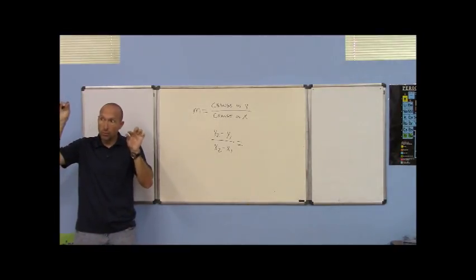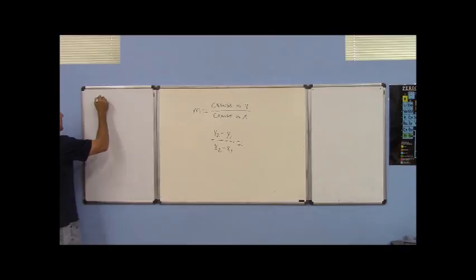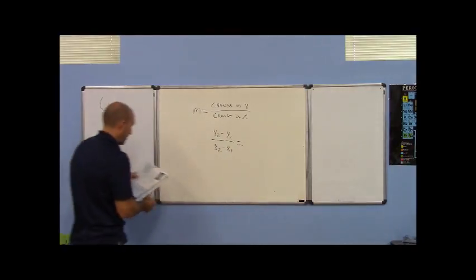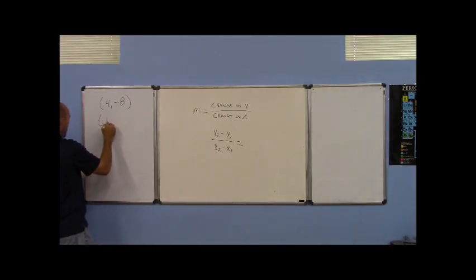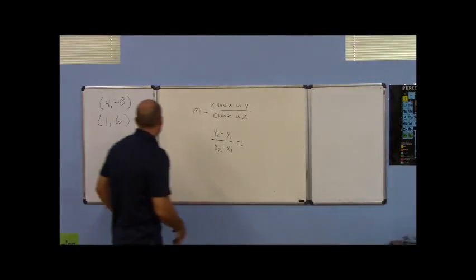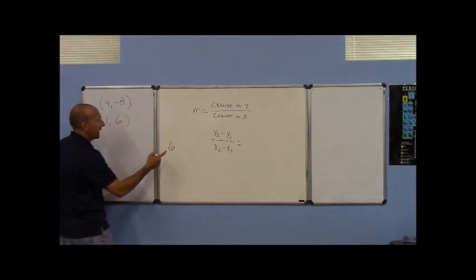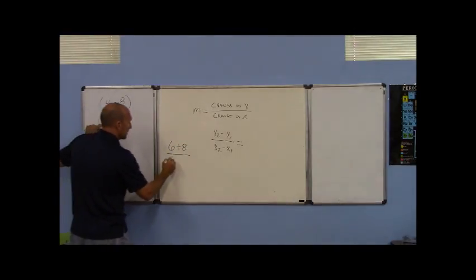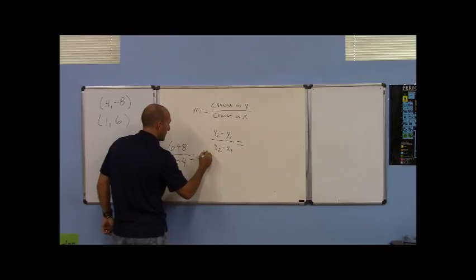So if we have 4 and negative 8, and then we also have 1 and 6, we will calculate this out as 6 minus a negative 8, which is actually plus 8, over 1 minus 4, which gives us a negative 14 over 3.